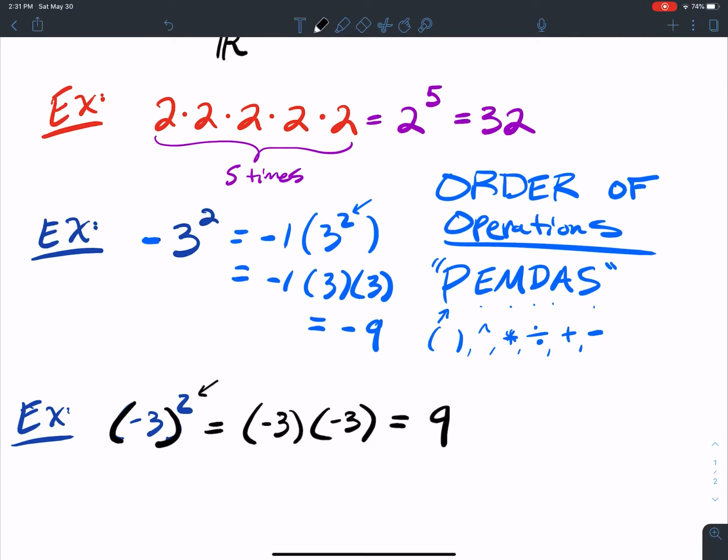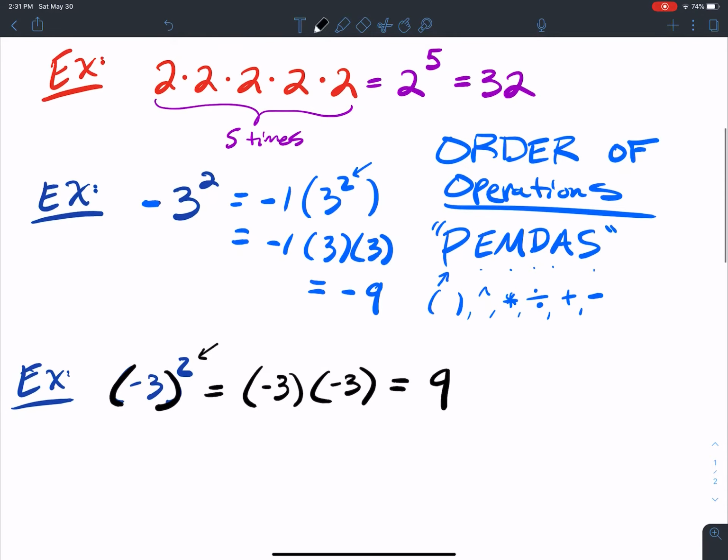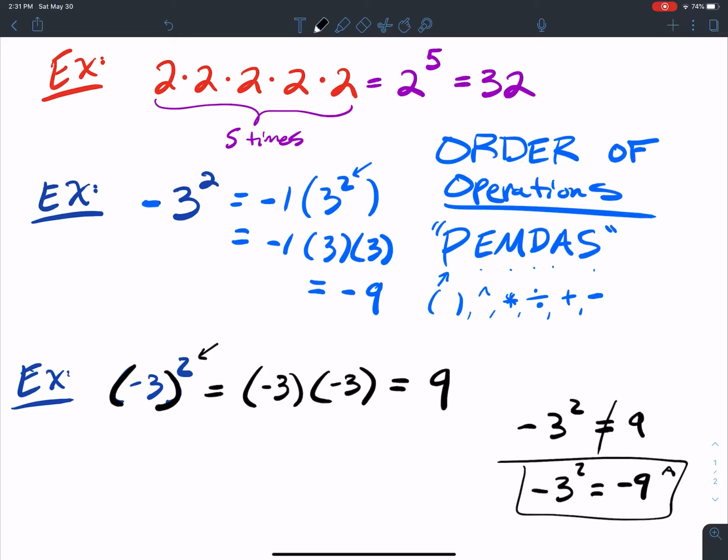So it's a very common mistake. Students will think that -3 squared equals +9, but in reality, -3 squared equals -9. Okay, so be careful. Don't let that trick you up. Very common mistake.